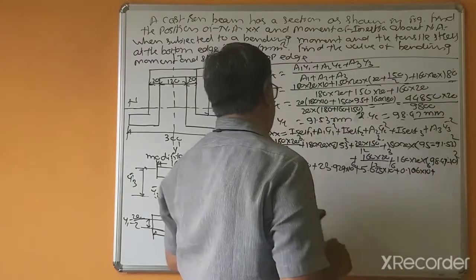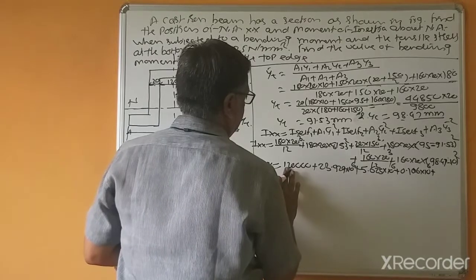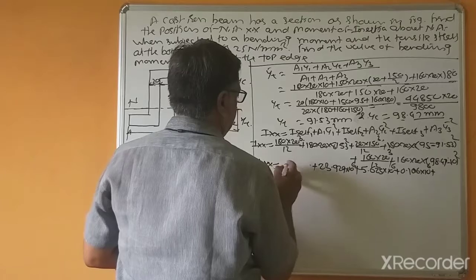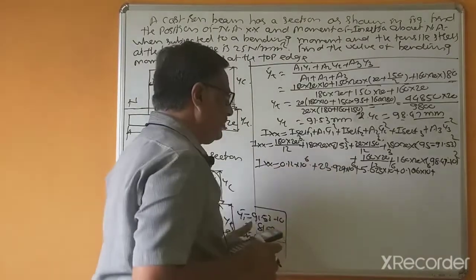Plus this is also 5 digit, 0.12 into 10 to the power 6.